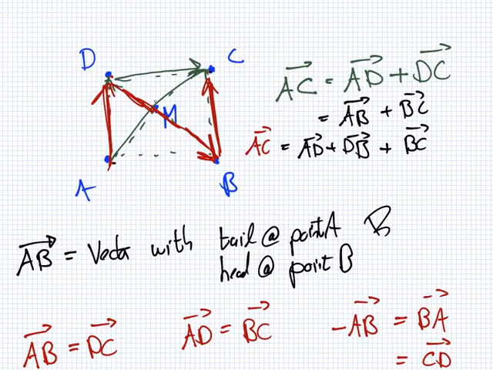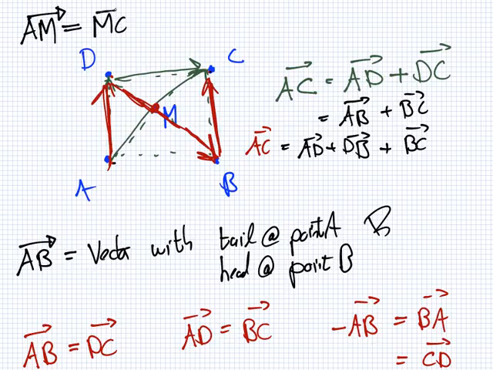Let's have a look at this M in the middle though. You could say AM is the same as what? AM you could say is the same as MB, MC. True. Why? What's the direction?